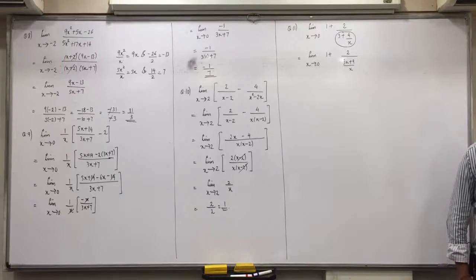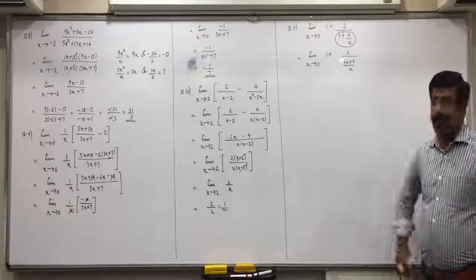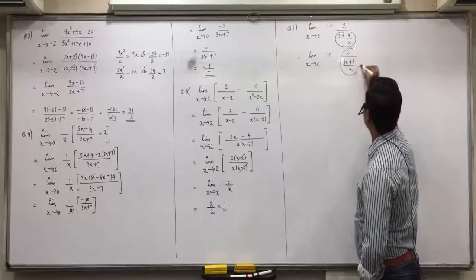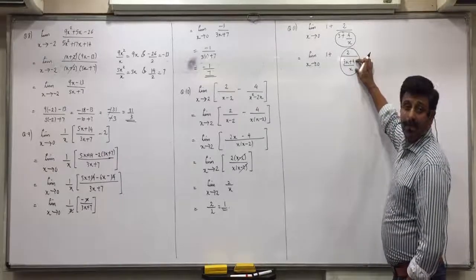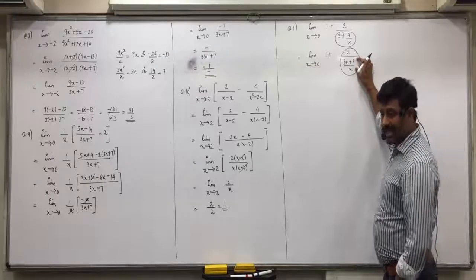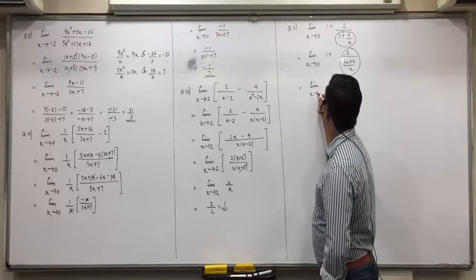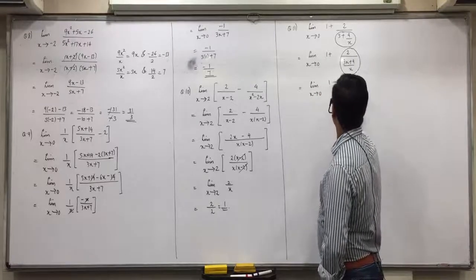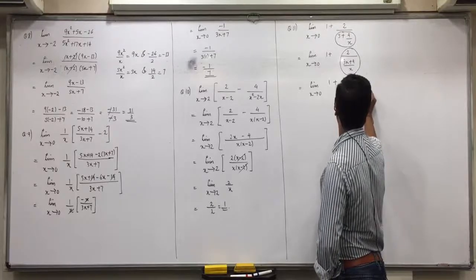Any confusion in this? All have written up till here? Now we simplify this. Divide by this means multiplied by reciprocal. So limit x tends to 0, 1 plus 2 multiplied by x upon 3x plus 4.